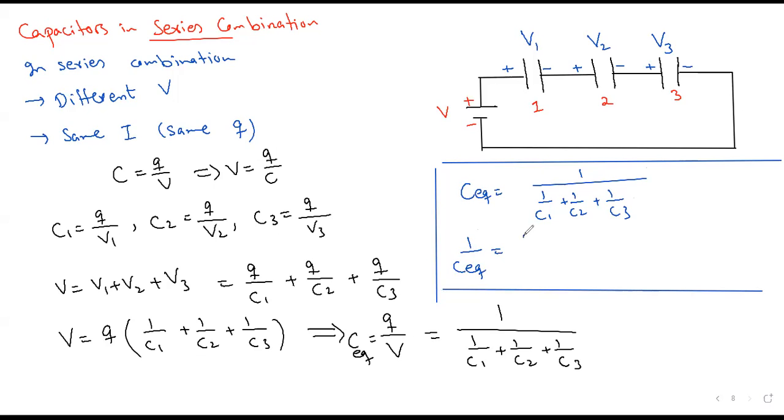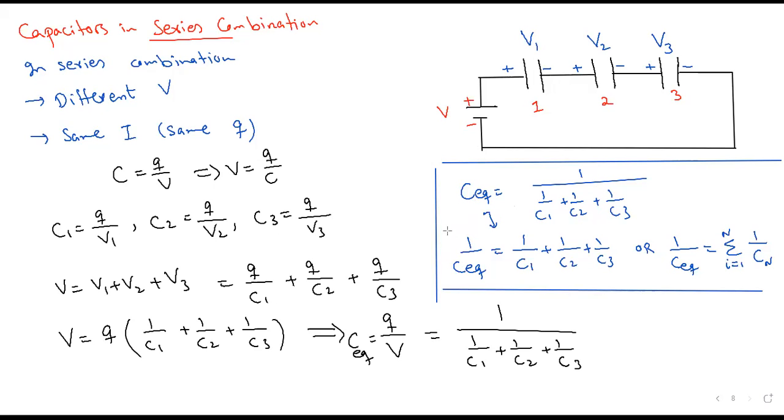So this will become 1 over C equivalent equals 1 over C1 plus 1 over C2 plus 1 over C3, or for any number of capacitors, 1 over C equivalent is the summation over i from 1 to n of 1 over Ci. This is just mathematics, using preliminary algebra between these two, so you can figure this out.